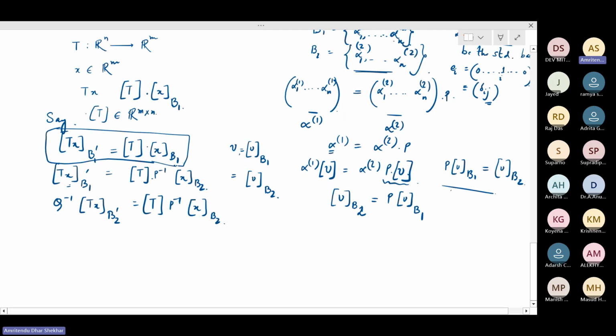Okay. So what you get is that Tx with respect to b2 prime is equal to Q times T P inverse x with respect to b2.